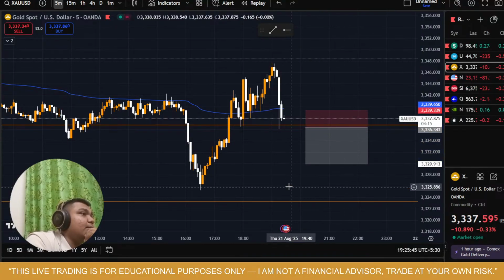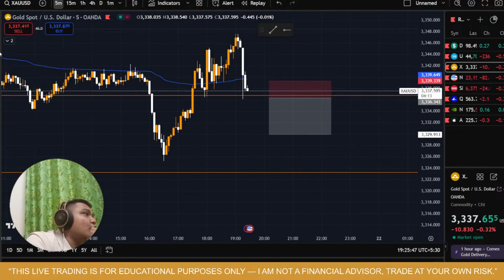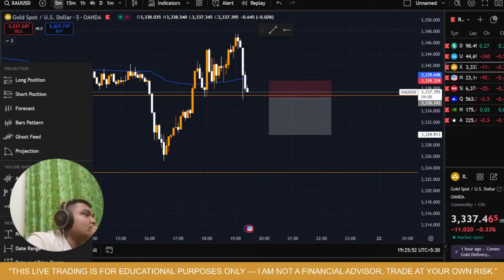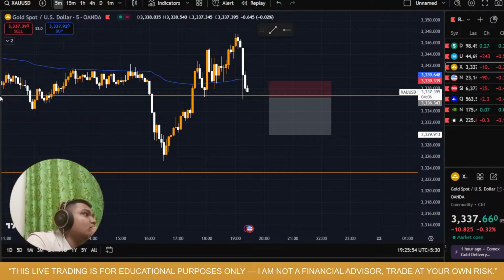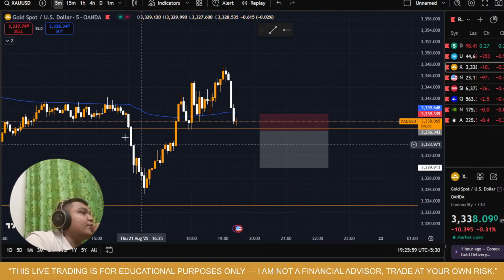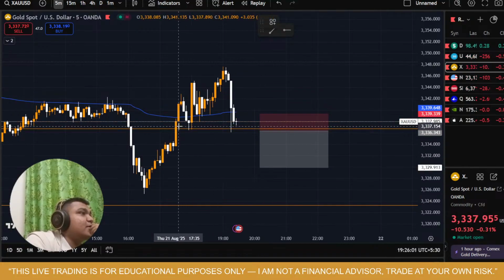Not right here, but you should be waiting for this market to break this pivot point, this previous low.